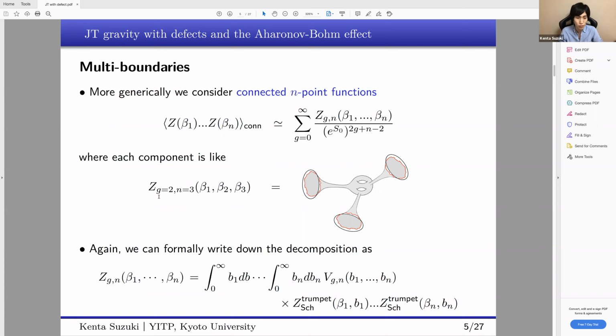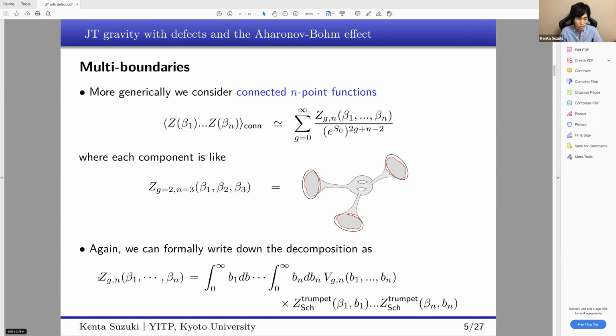for example, when the genus is 2 and n is 3, where n represents the number of boundaries. So for 3 boundaries with genus 2, the corresponding topology is like this picture. And again, for these components, we can also cut the boundary degrees of freedom away from all the genus contributions.